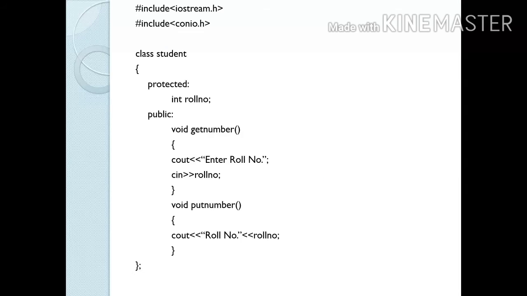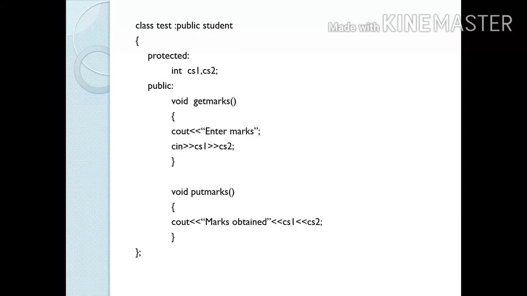Here is a program to illustrate the concept of hybrid inheritance in C++. Here I created a class whose name is student. In student, I am entering the roll number and displaying the roll number. Then I created one more class, that is test.